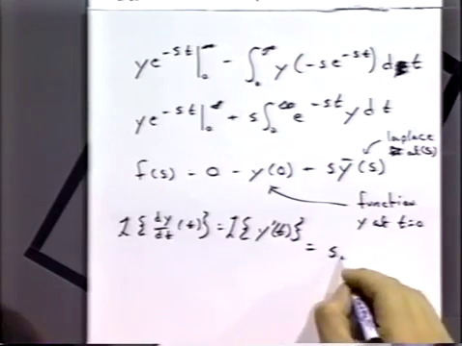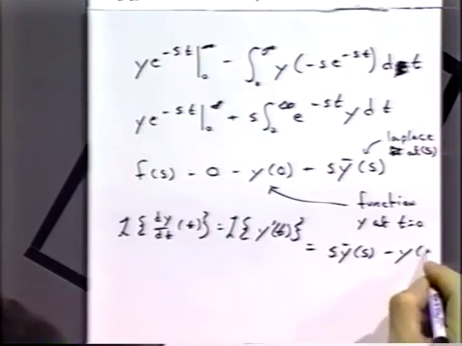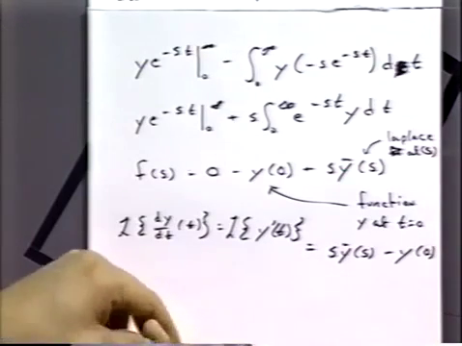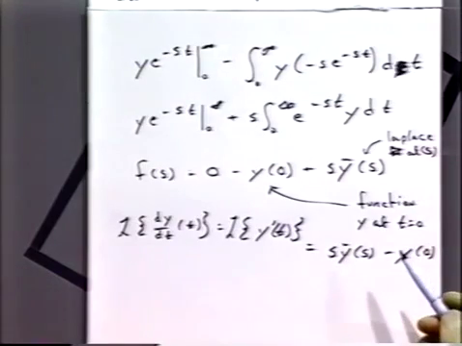And that would be s y bar s minus y0. Okay, so that would work for every situation for a derivative. And so we just plug in y there to do the process.